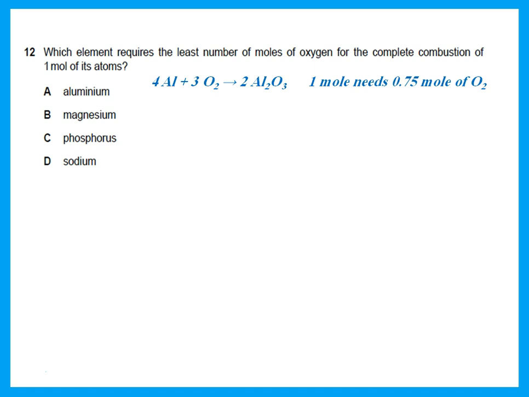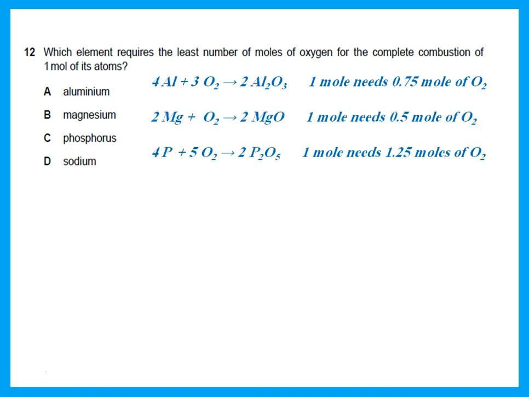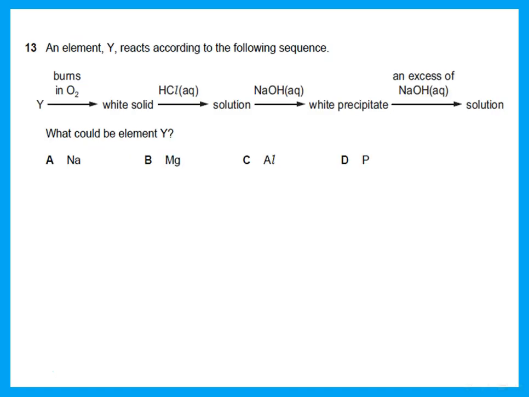That means 1 mole of aluminium needs 0.75 mole of oxygen. Do the same for magnesium, phosphorus, and sodium to determine how many moles of oxygen 1 mole of each of them needs. Now he's saying which of these will need the least number of moles, so that is sodium. Okay?